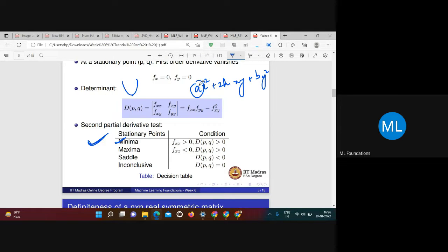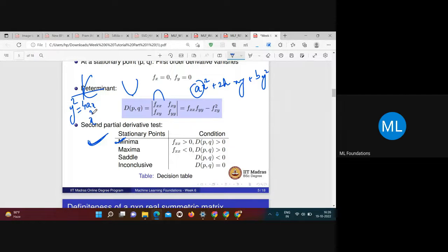If A is negative, then this function will be like this. Like in the quadratic equation you would have read, what is the equation of the parabola?